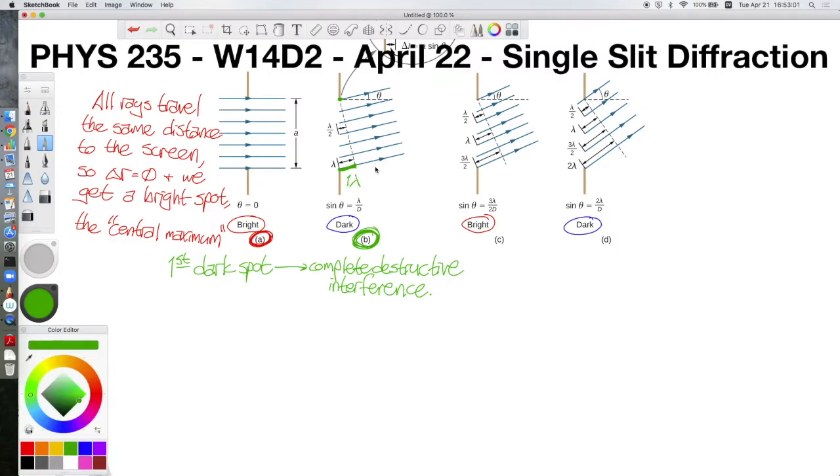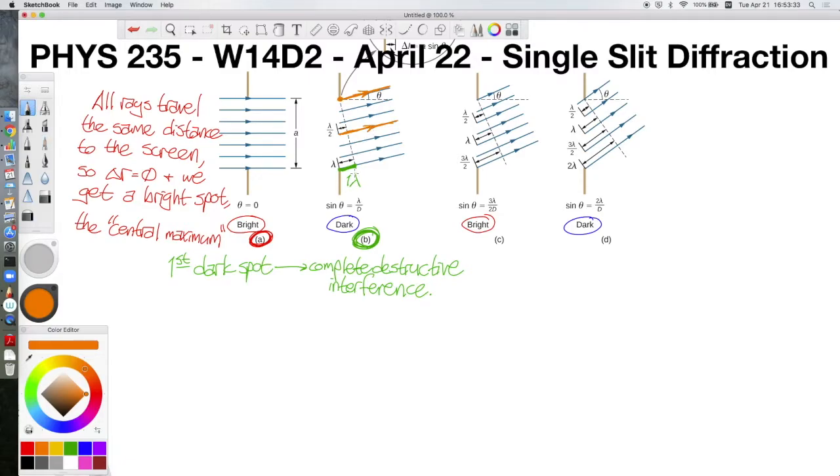So using some other colors here, I want to start to think about these rays. Let's imagine this ray right here up at the top that I'm going to mouse over in orange. This ray travels the shortest distance to get to the spot on the screen that will be dark. But then if we go down here to this other ray that I'm labeling in orange, think about the path length difference between these two rays.